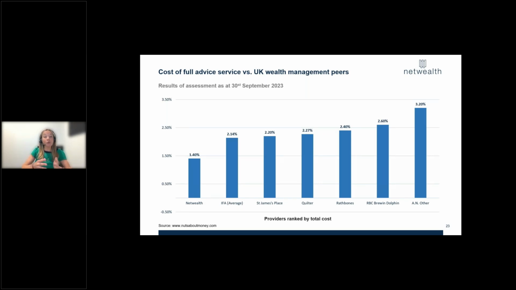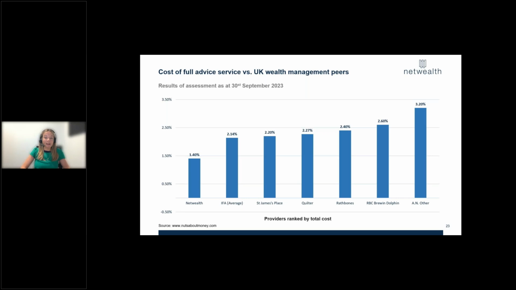Now, of course, if you or your network then contributed above £250,000 or even above £1 million, the overall fee rate would drop by 15 basis points for each of those fee bands. But what's really stark to see here is that the all-in cost of investing is still, at this fee rate, significantly lower than our UK peer groups.